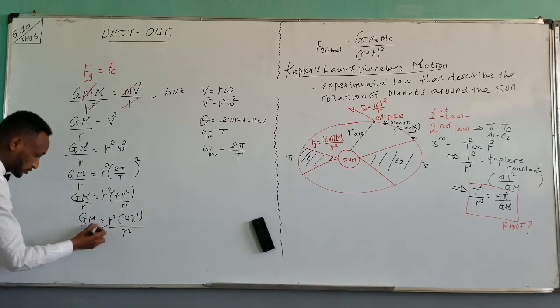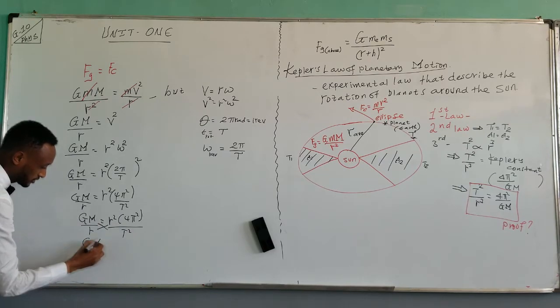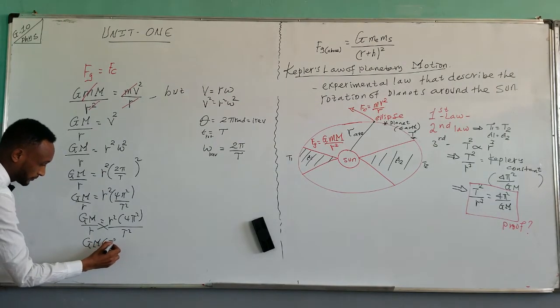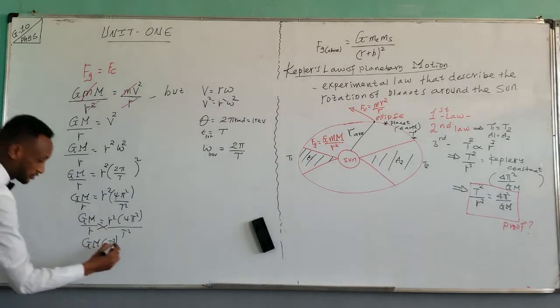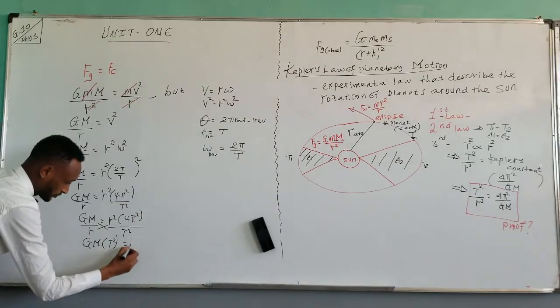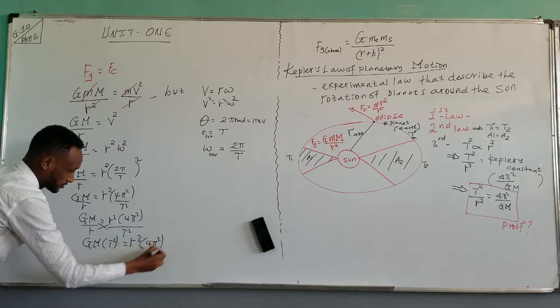Cross multiplying, you get that the gravitational constant times the mass of the sun times the time squared is equal to the distance times distance squared, which is distance cubed, times 4 pi squared.